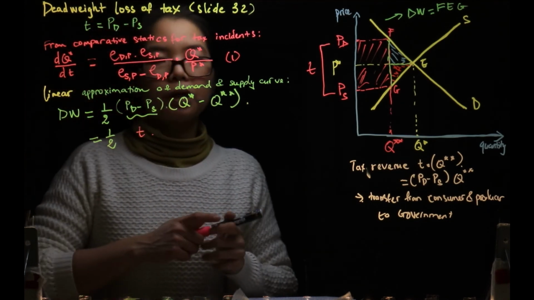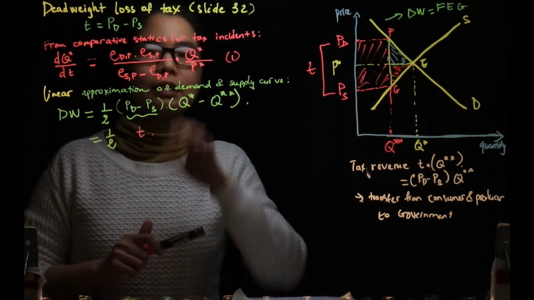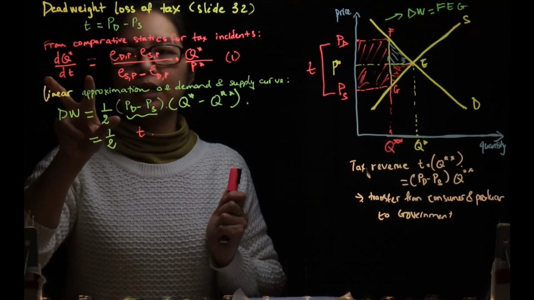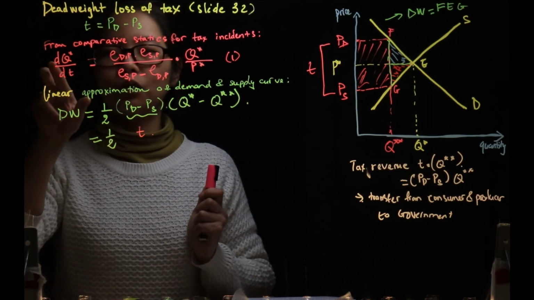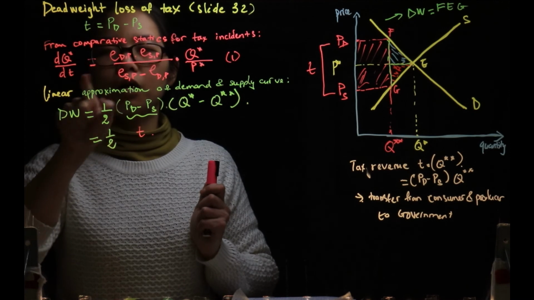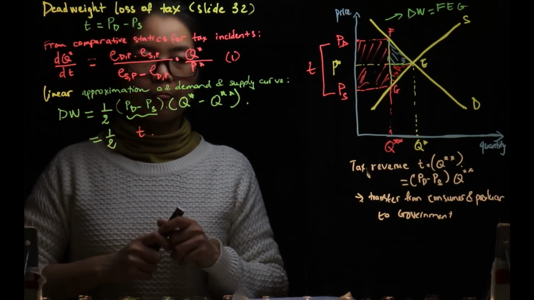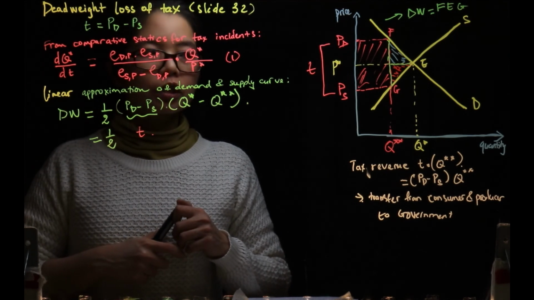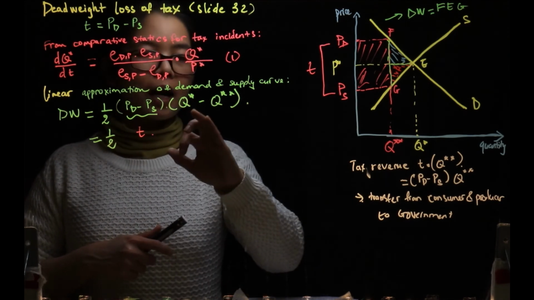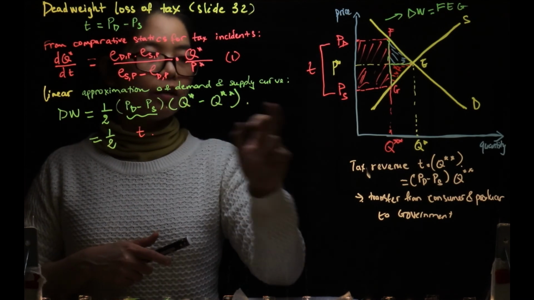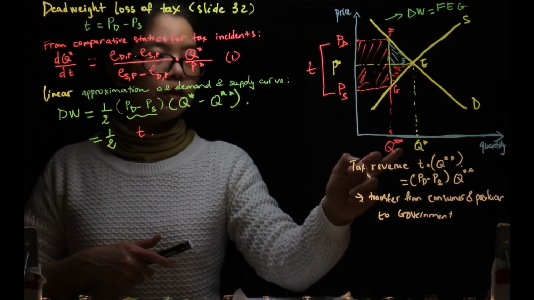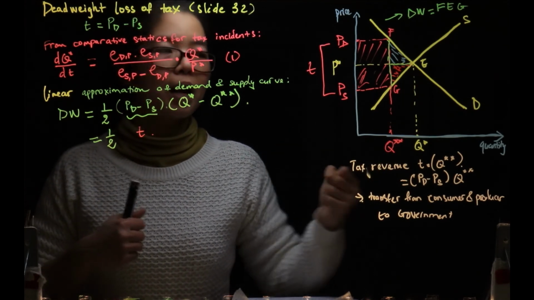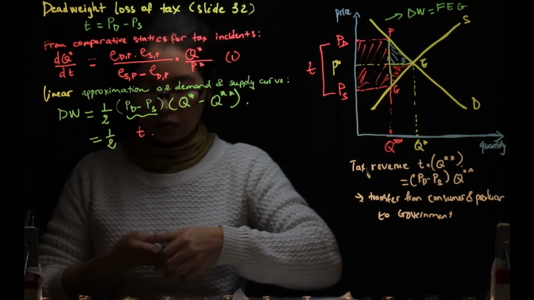Okay. Now because we want to have elasticity and we want to make use of this result from comparative statistics, we want to have dQ star over dT inside there. It can be written by realizing that the difference between Q star and Q2 star is the quantity change caused by this tax incidence, right?